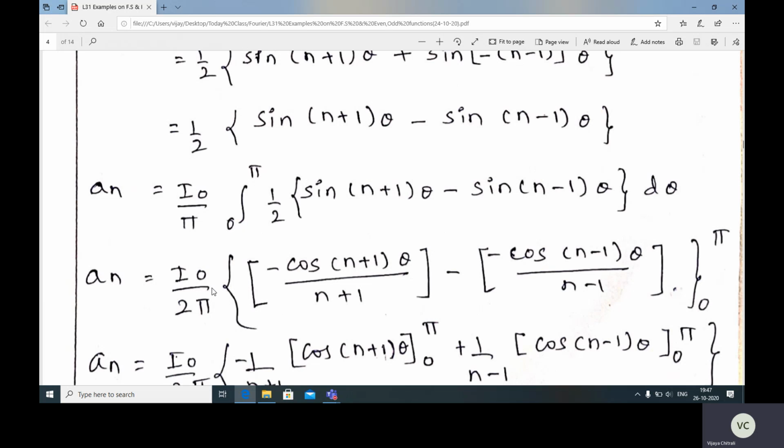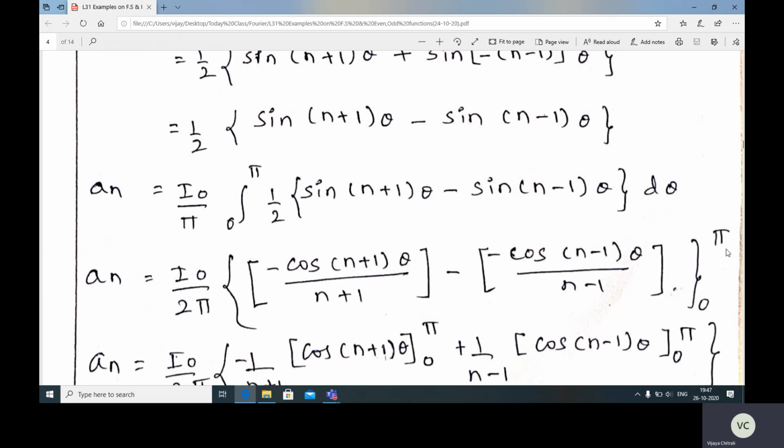So a_n is equal to I₀ divided by 2π, minus cos (n+1)θ divided by (n+1), minus [minus cos (n−1)θ divided by (n−1)], varies from 0 to π.